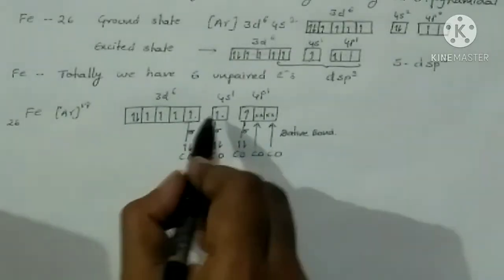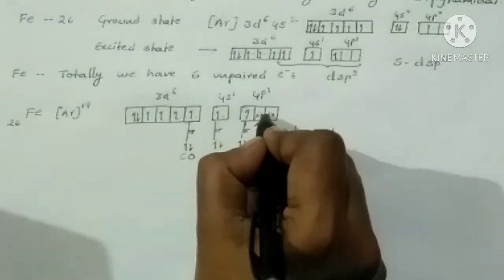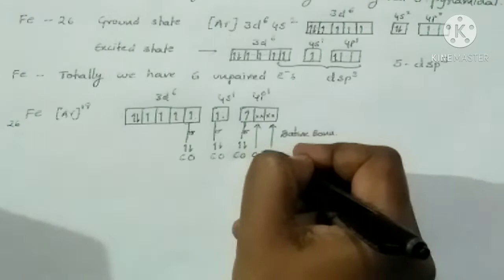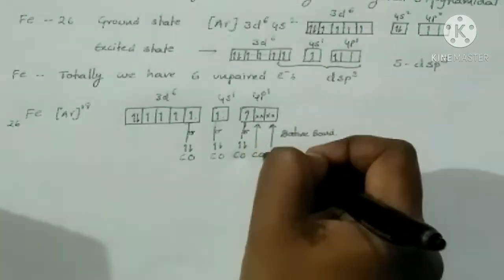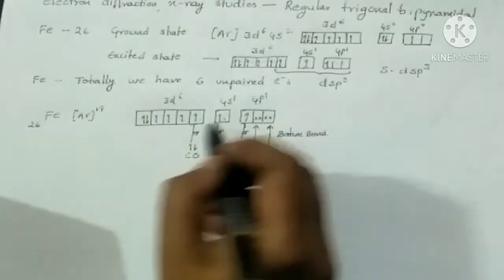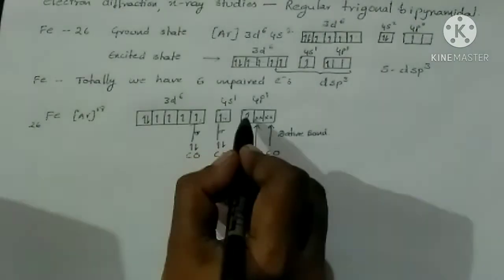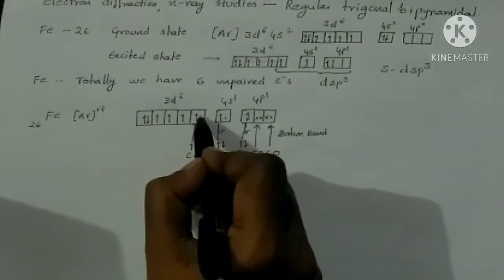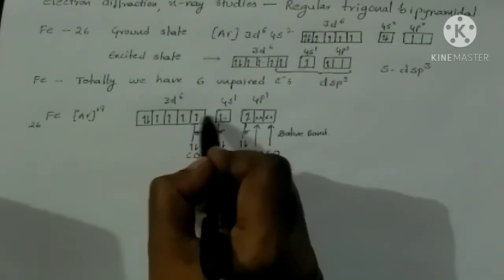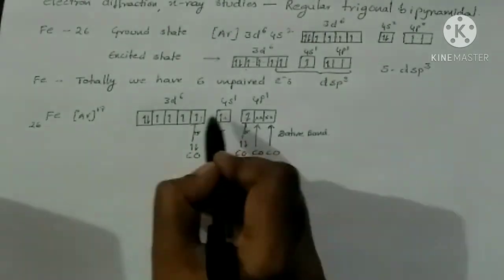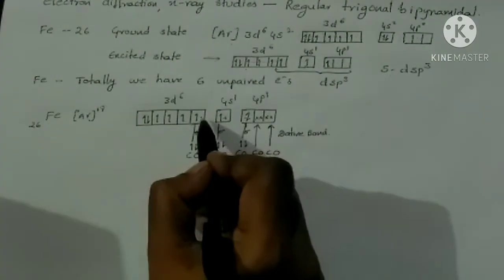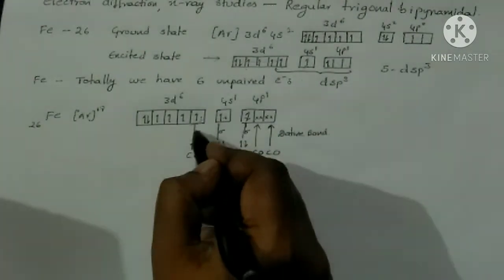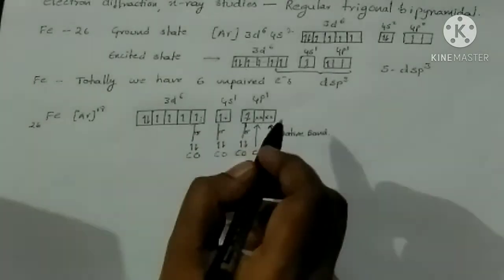And so here these 2 dsp3 vacant hybrid orbitals are occupied with electrons donated from carbonyl groups and form dative bonds, while the other 3 dsp3 hybrid orbitals, that is 1 from 4p, 1 from 4s and the other from 3d orbital, these 3 hybridized dsp3 orbitals having single electrons take up 1 electron from carbon monoxide group and form sigma bonds.